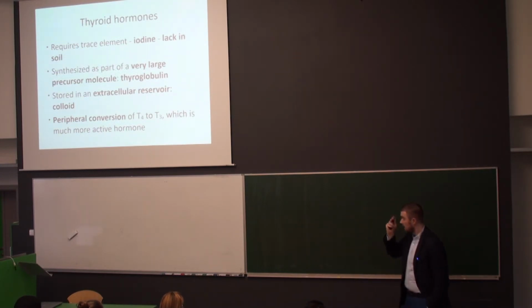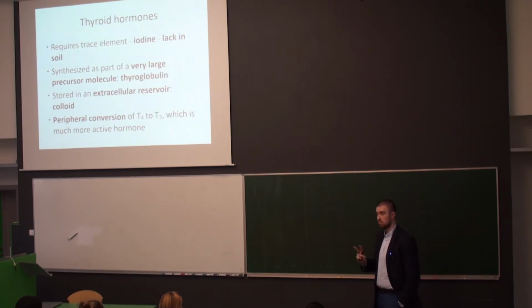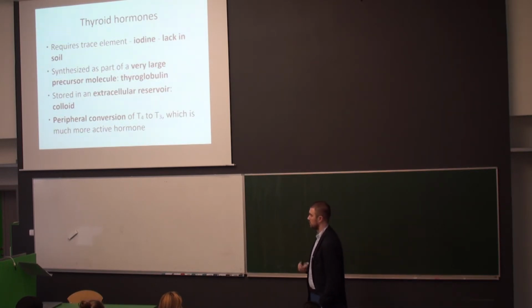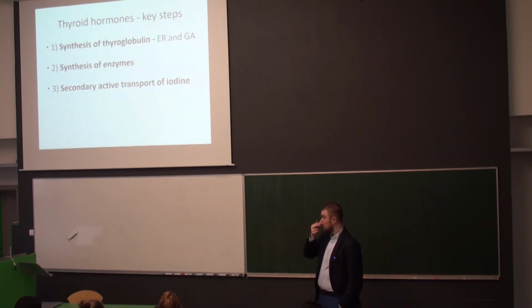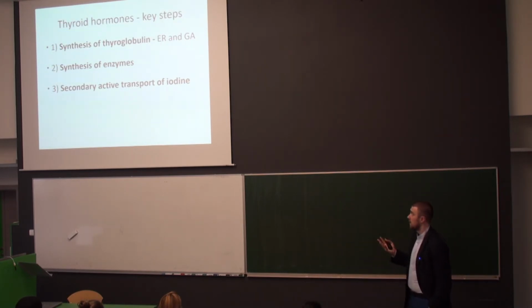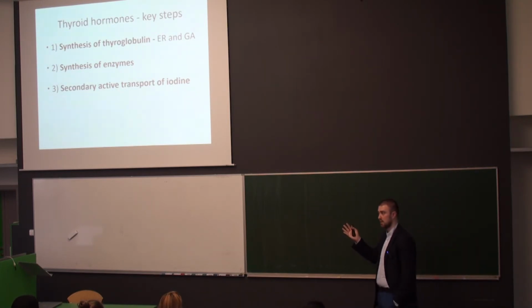And then the last, that I already mentioned, is the peripheral conversion. But that's not unique only for thyroid hormones. So if we start with the first three steps, they simply correspond with what we mentioned on the last slide.